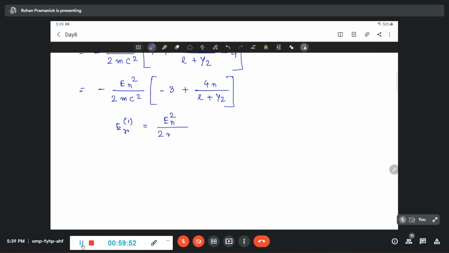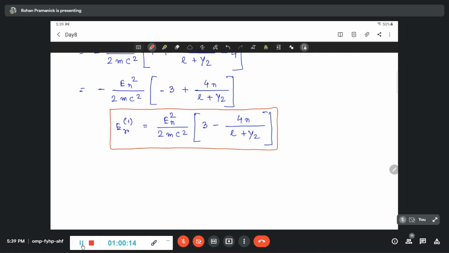So there is 2mc squared, and we have 3 minus 4n by L plus half. Yes, now it matches. So somehow I got to the answer correctly, and this is the expression for the correction of the first order energy due to this.